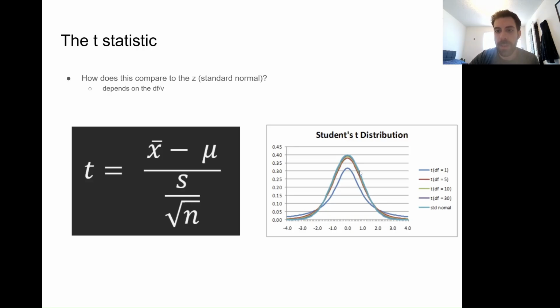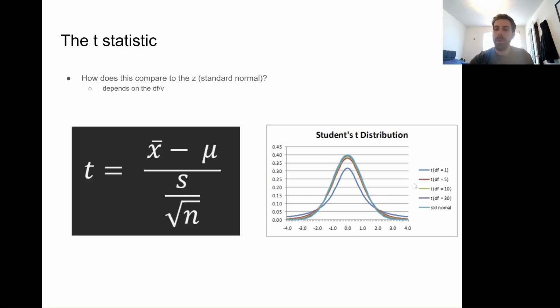And you could see the T distributions, which are the different colors, all follow the same shape. They're all symmetrical, they're all bell curves, but they are all slightly different. Specifically, the tails are all higher, right, than the standard normal. And because the area underneath it is 1, if the tails are higher, that tells you that the mode, also known as the peak, is going to be lower.